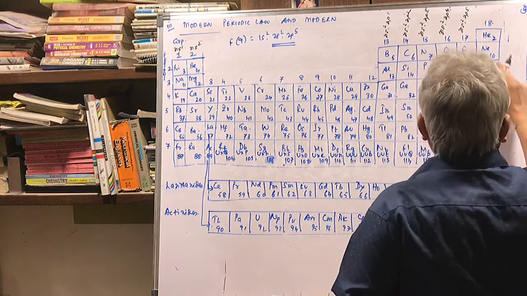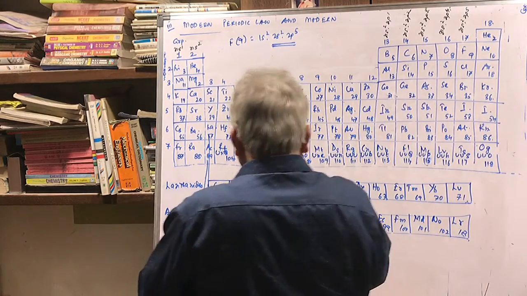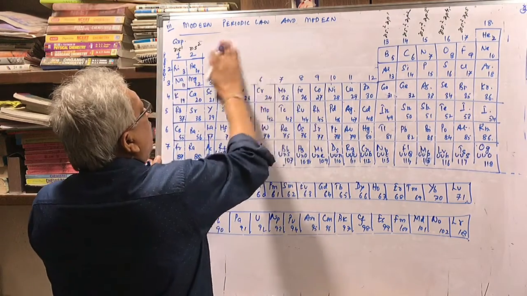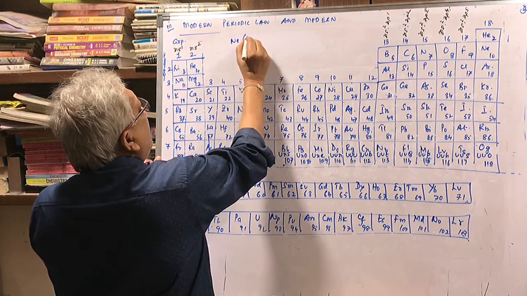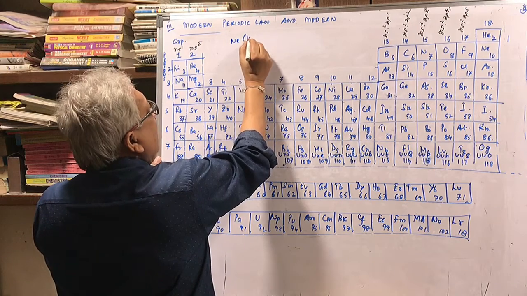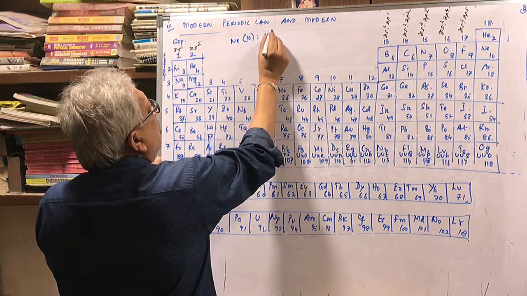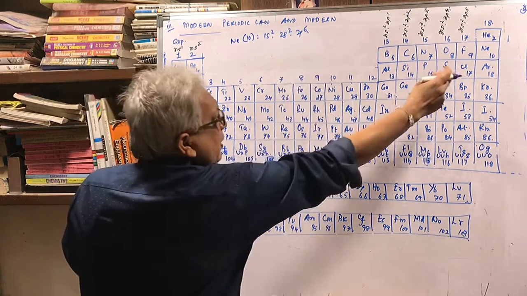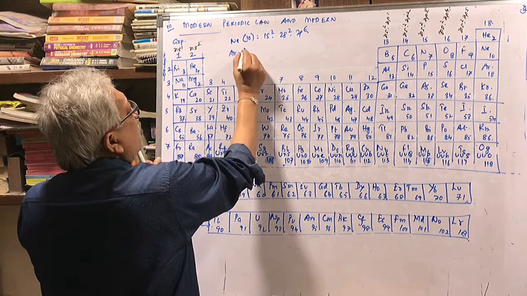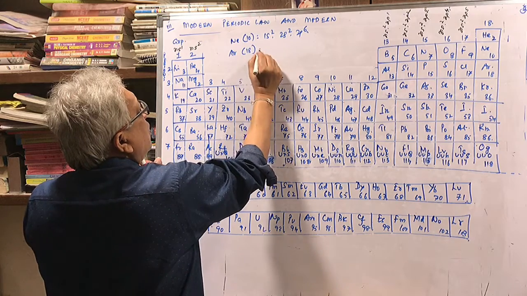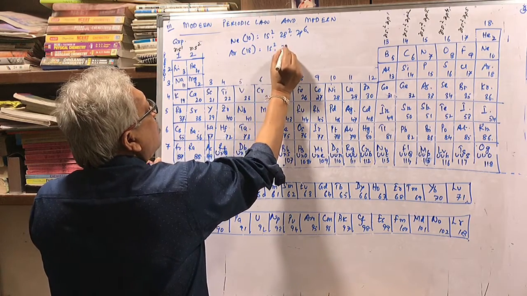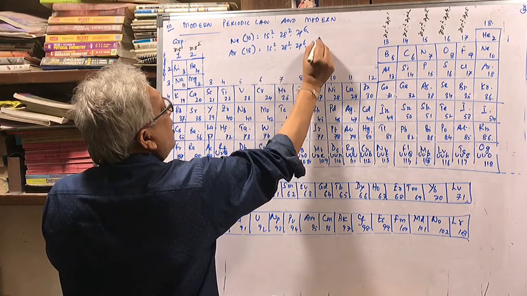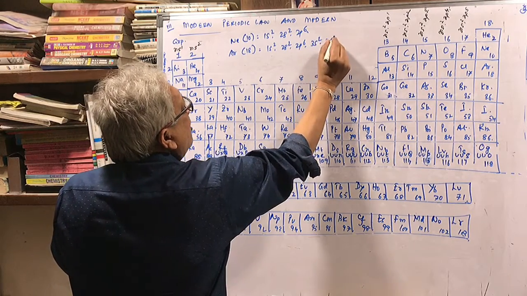Now for group 18, I'll talk about the neon. Helium, I'm not talking about it at the moment. Now if I talk about the neon, atomic number is 10. So configuration is 1s2, 2s2, 2p6. Take the case of argon, atomic number 18. So configuration 1s2, 2s2, 2p6, 3s2, 3p6.